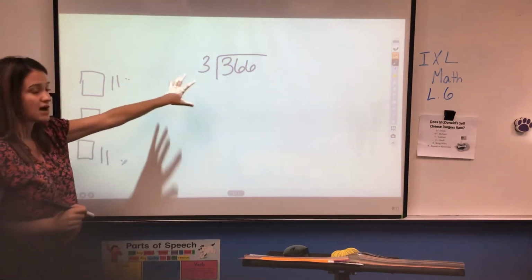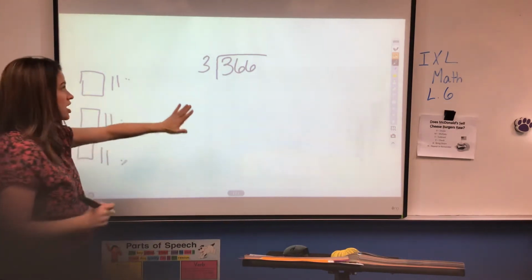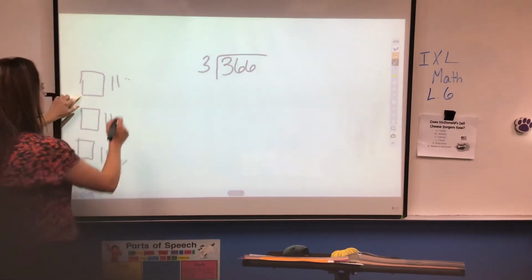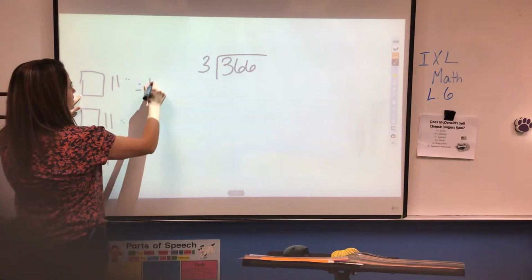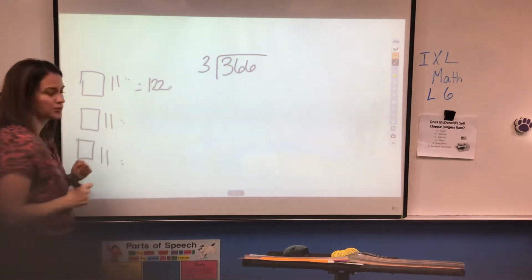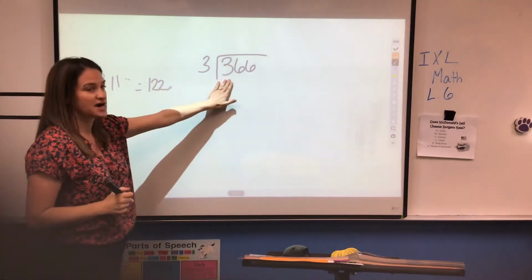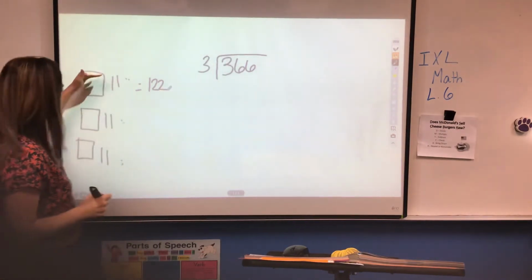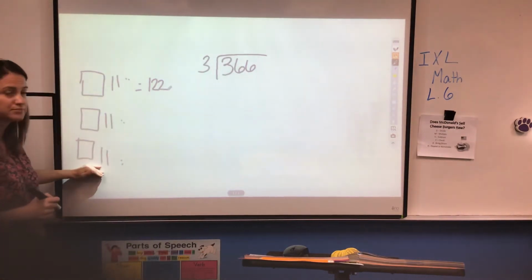So if I draw out and separate my base 10 blocks into 3 equal groups, I would get 122 in each group. So after I divide this, my quotient should turn out to be 122, just as I broke down the base 10 blocks.